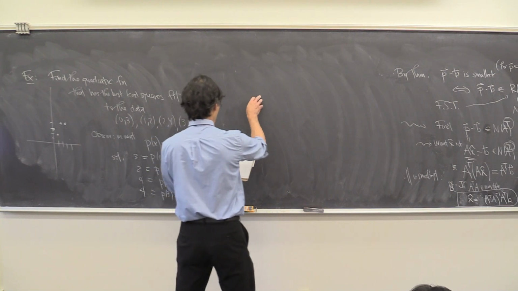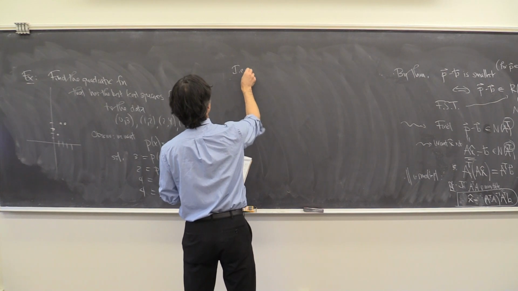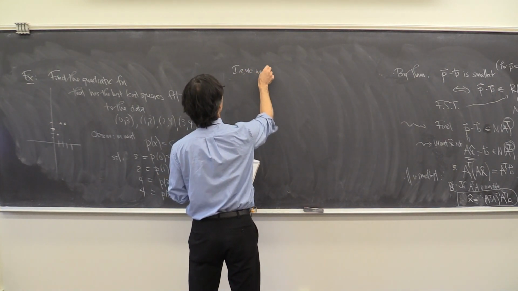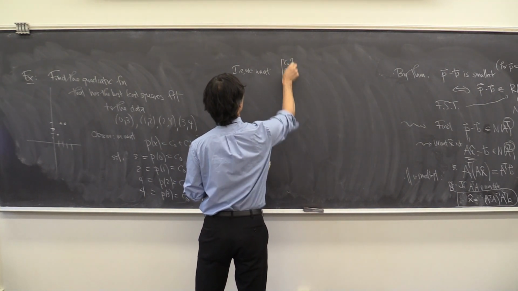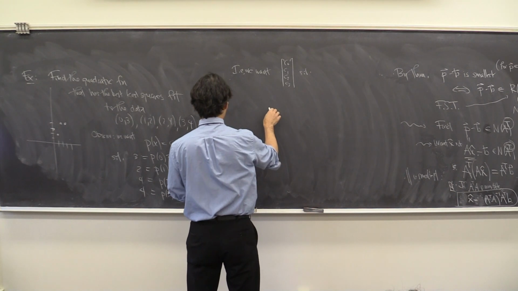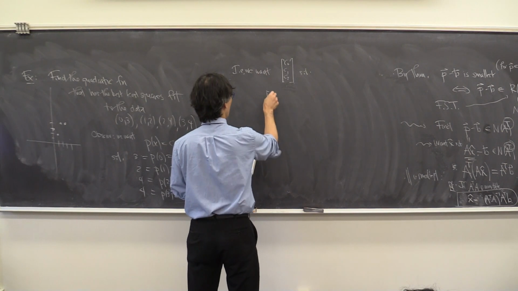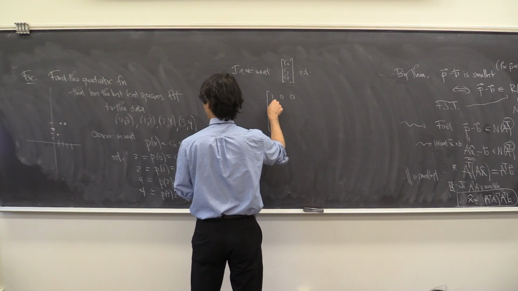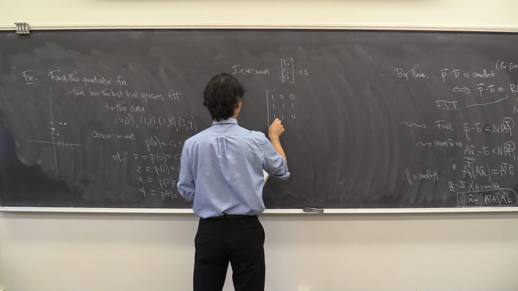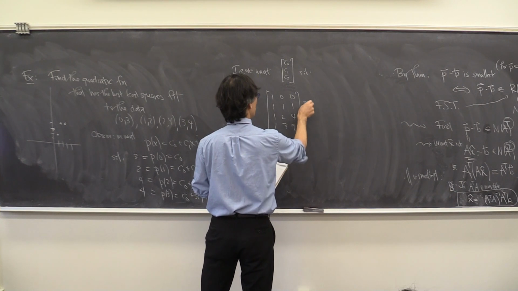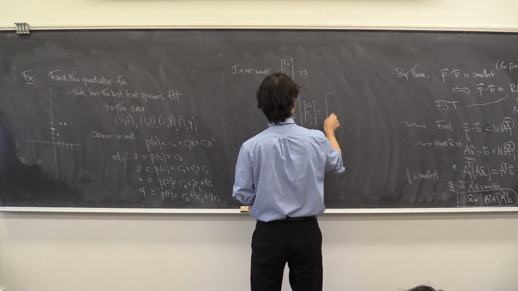So we rewrite this: we want c naught, c1, c2 such that the matrix 1, 0, 0; 1, 1, 1; 1, 2, 4; 1, 3, 9, times c naught, c1, c2 equals 3, 2, 4, 4.